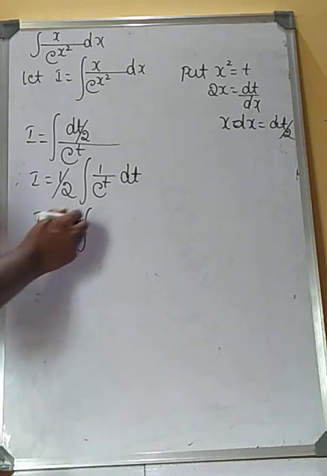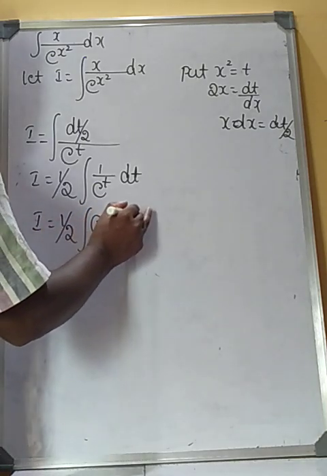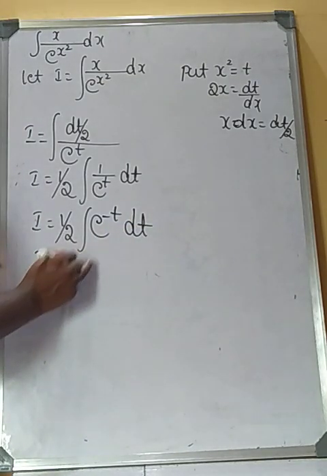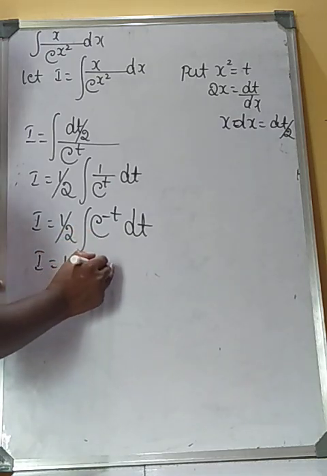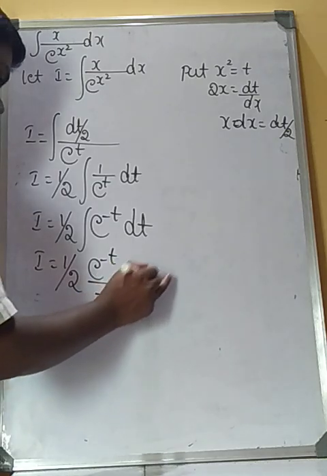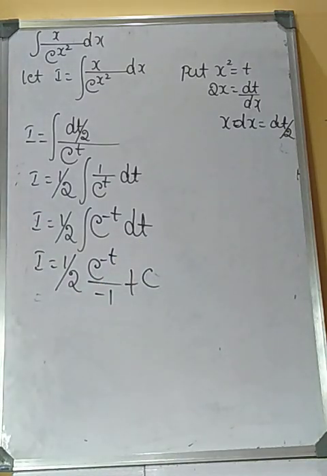Denominator e power t goes to numerator as e power minus t into dt. Therefore I is equal to 1 by 2, integral of e power minus t is e power minus t divided by minus 1, plus c.